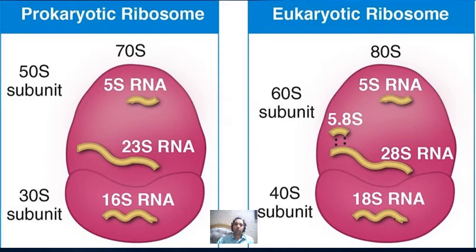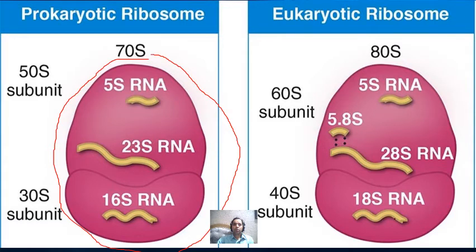Here you can see the detail of prokaryotic and eukaryotic ribosomes. This whole structure from here to here is 70S, meaning at the rate of 70 Svedberg, it will settle down at the bottom of the test tube.